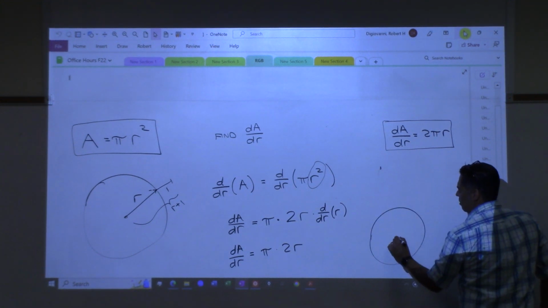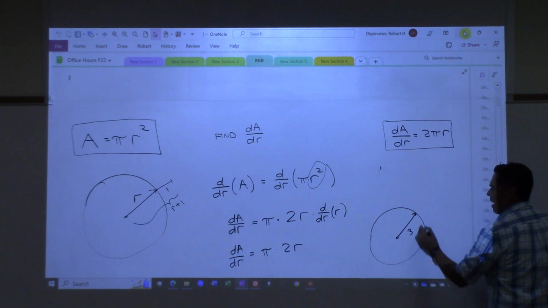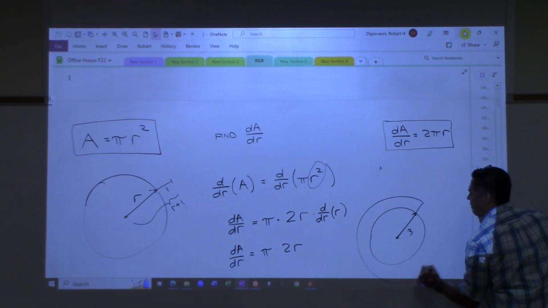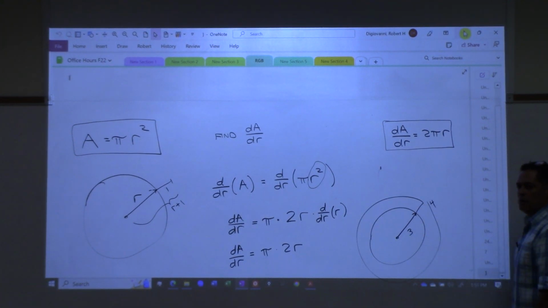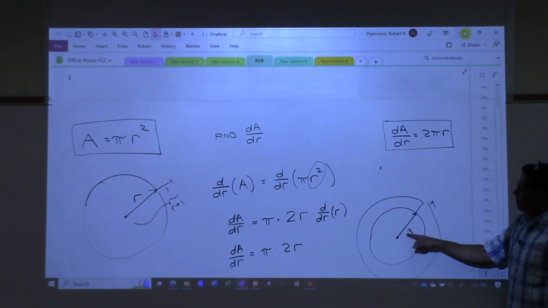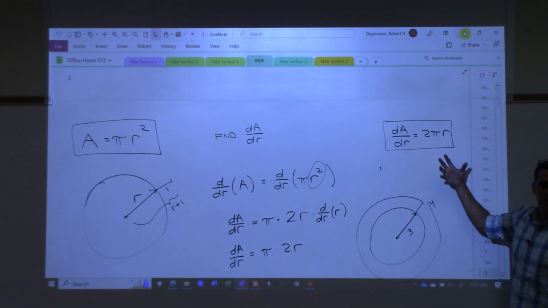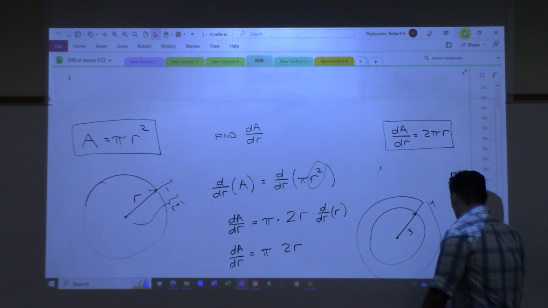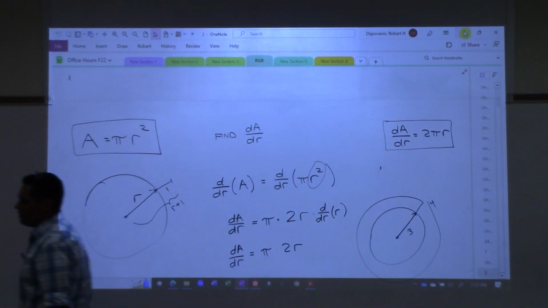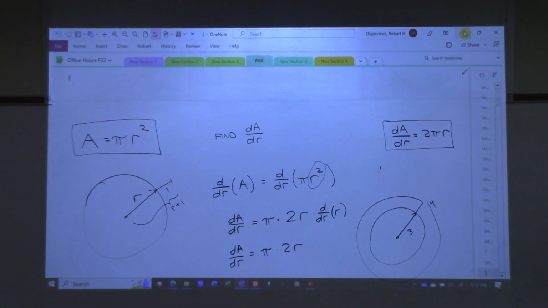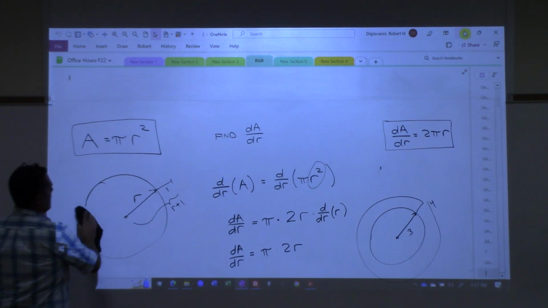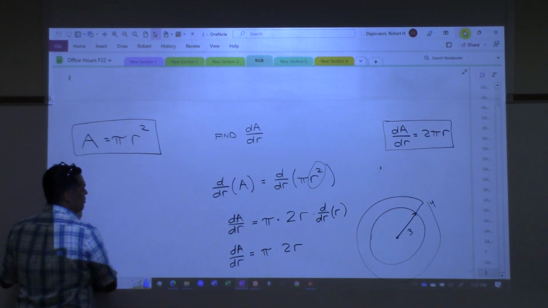Maybe another better example. Let's say I had a circle of radius 3, and then I increase that to a radius of 4. Right? So it went from 3 to 4. This gives me my change in area. Now, I'm going to ask you a different question, though. Did it give you the new area? No. It's the rate of change.